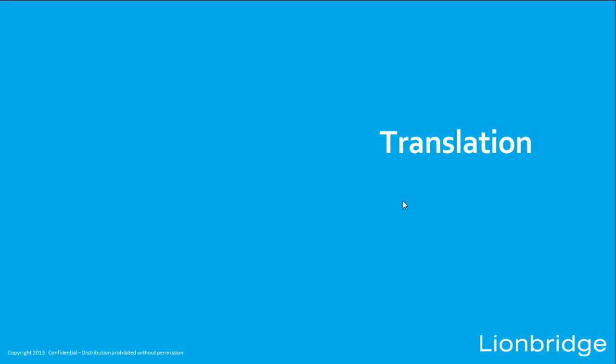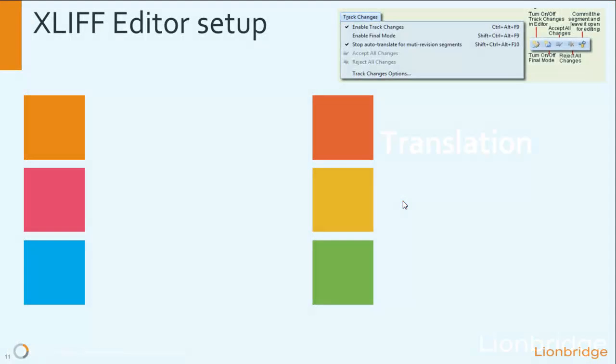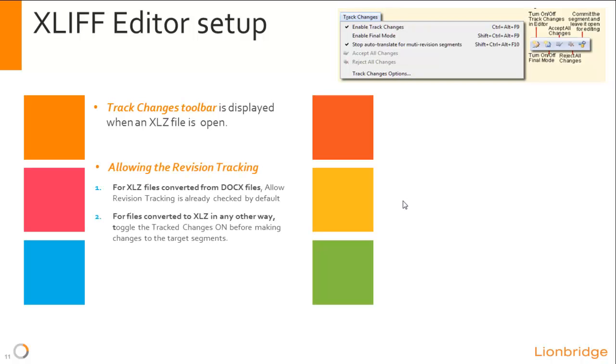We are ready to move to the translation phase. When you open your prepared Translation Workspace XLIF Editor file, you will notice a Track Changes toolbar. If the Translation Workspace XLIF Editor file has not been prepared for track changes, you still can enable the revision tracking from the Track Changes menu.